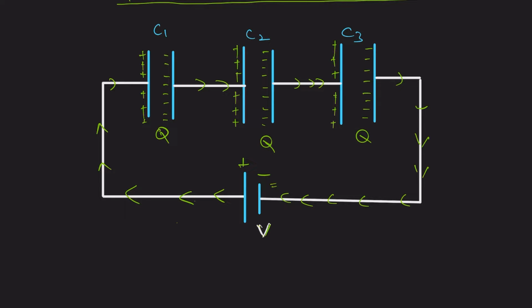Charges are stored in C1, C2, C3. So here electrical energy is stored in C1, C2, C3. So C1, C2, C3 take electrical energy. So the battery gives energy to C1, C2, C3.